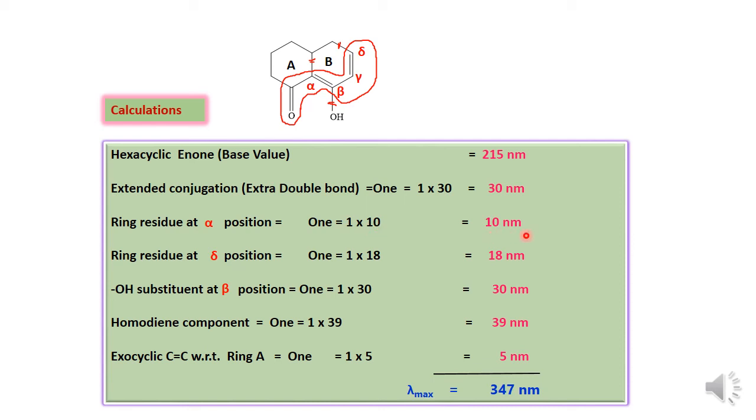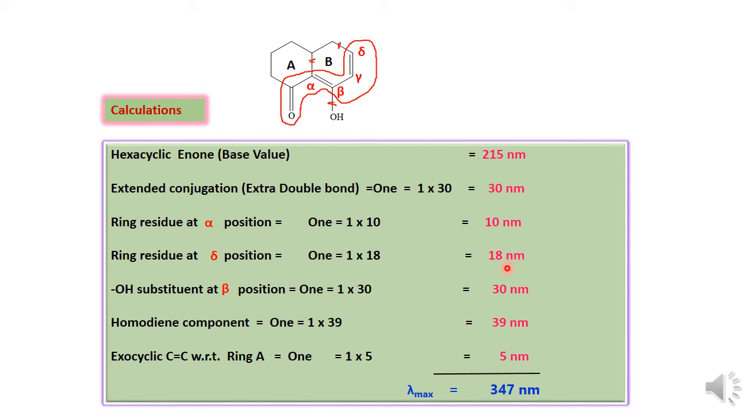This one is the 10 nanometer. For beta, one OS substituent is there, and the value is 30 nanometer for the OS substituent. For delta, you have to add 18 nanometer, one ring residue. So 18 nanometer for the delta position.